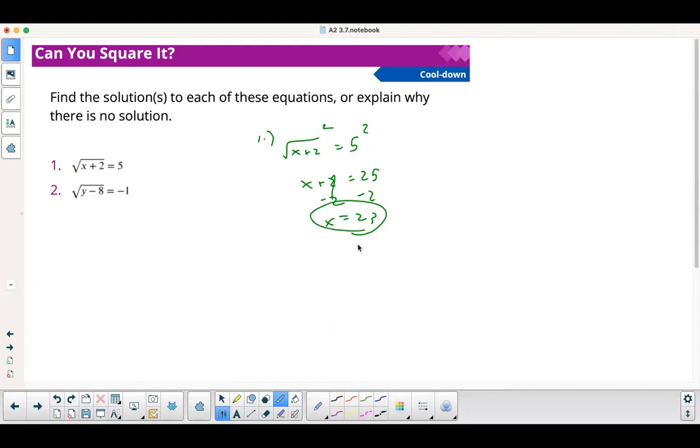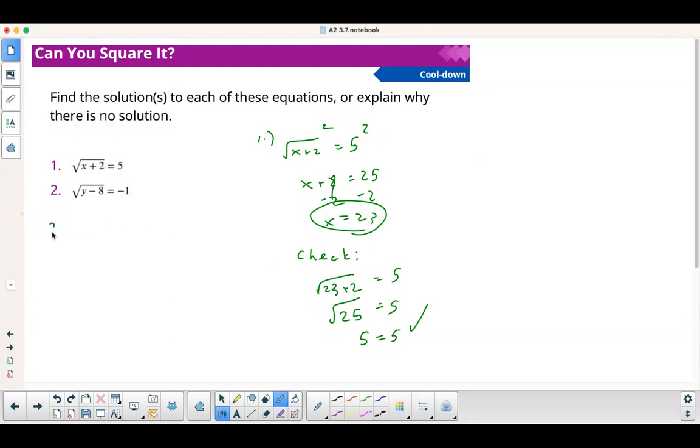And I get 23. You want to check it, make sure that it works. 23 plus 2 equals 5. That'd be 25. 5 equals 5. It works.